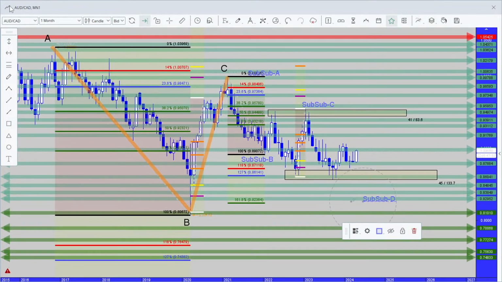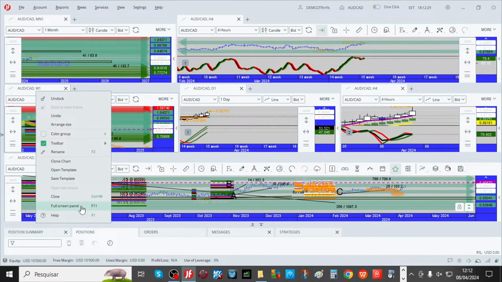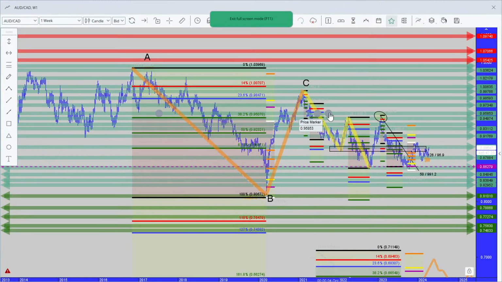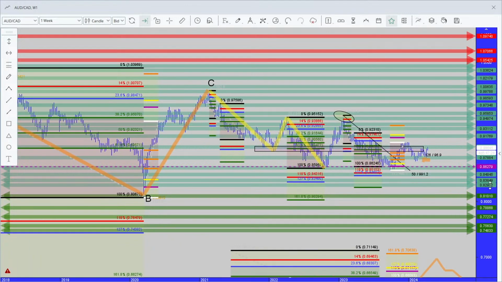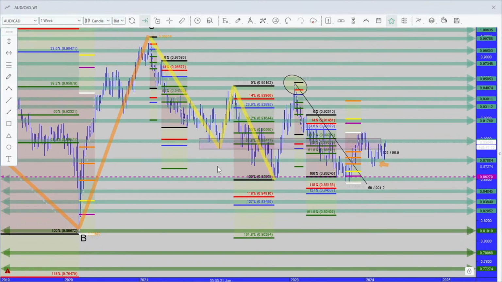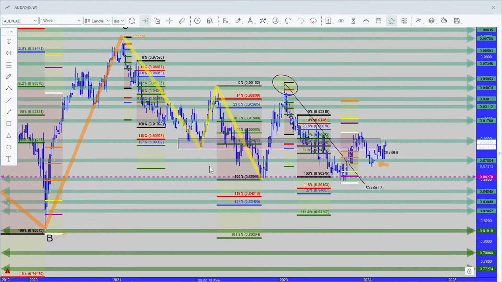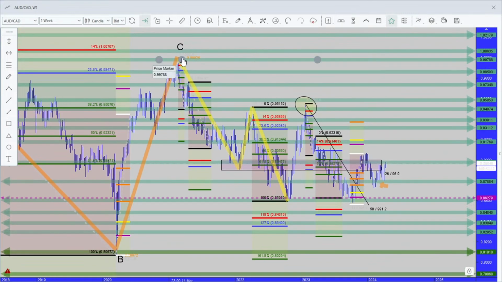Alright, everybody? And talking about, so I need to get rid of this one, F11. Talking about the weekly we are in extension too, right? Market making lower lows, lower highs. And yeah, as we talked about, maybe, just maybe, we are locked in consolidation, but the market is moving from the C to D, right?